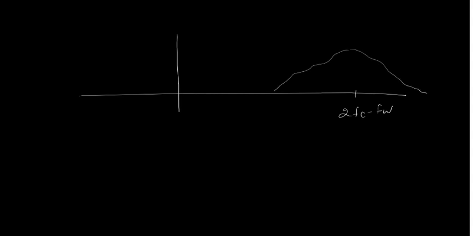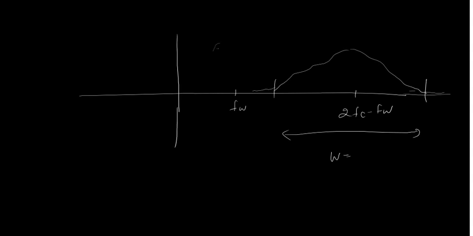Though ideally it is infinite, most of the bandwidth, if you remember, is given by Carson's formula. Similarly, if it is Fw here, there will be some bandwidth in this, right?